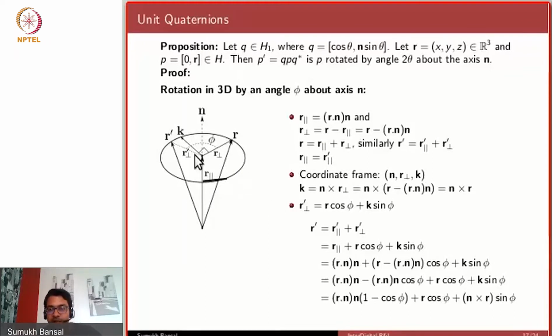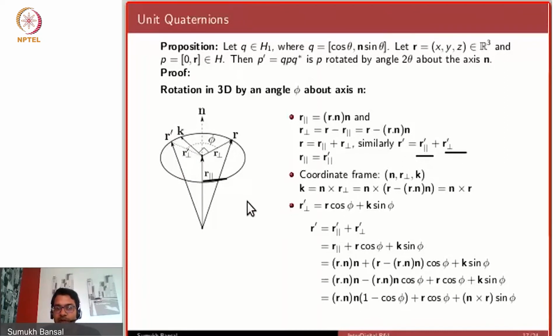Similarly, let's assume that r dash is your rotated version of the vector r, which we want to find out. And we can also write r dash along parallel and perpendicular components to vector n. Now let's represent these two components by r dash parallel and r dash perpendicular.